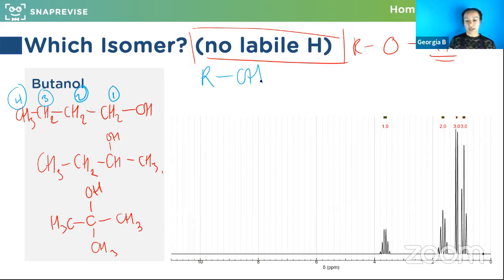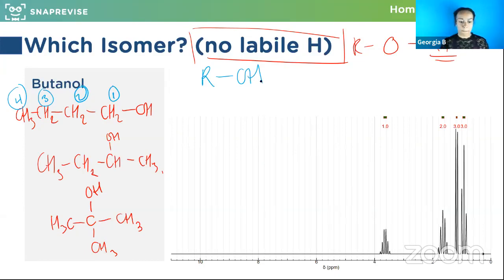Because that hydrogen in the alcohol group falls off the oxygen and reattaches quite regularly, sometimes it doesn't show up in the NMR spectrum. And even when it does, it shows up in really random places and it doesn't have any splitting patterns, or contribute to splitting patterns. So that's what labile means. All I'm saying is this NMR spectrum does not include the peak for the alcohol hydrogen.